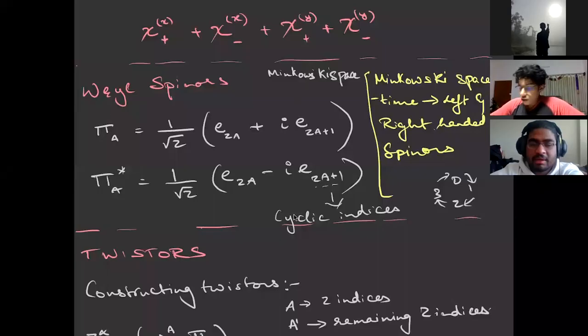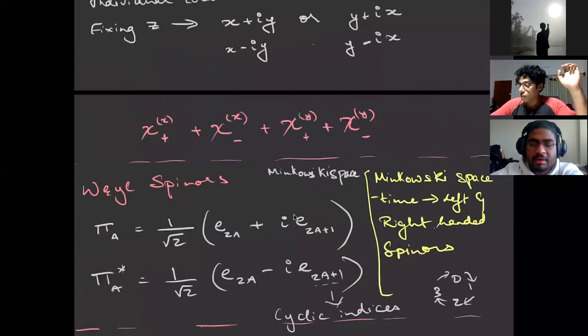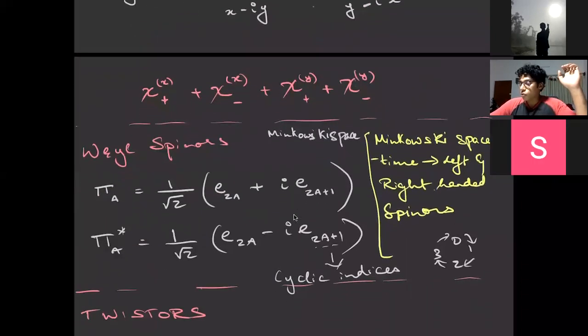All right. So we define the Weyl spinors. This is just a different notation of representing the same kind of spinors with respect to the ladder operators that we saw earlier, just a minute ago.